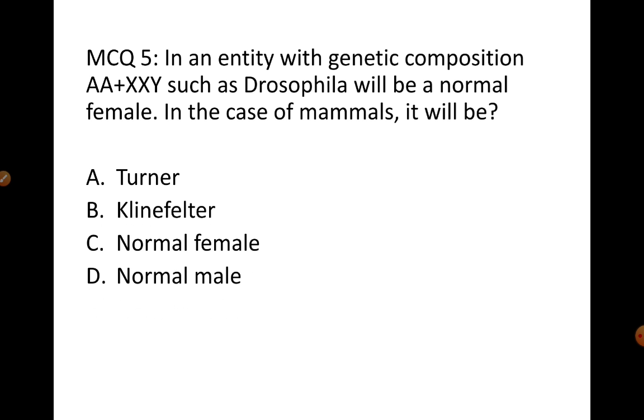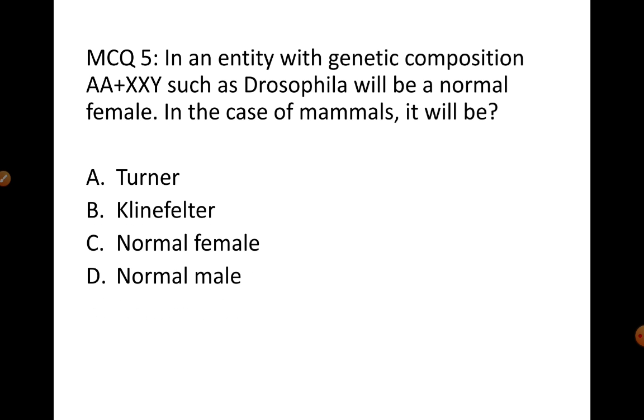And one hint here, if it were to be a normal female, as I said, it should have only 2 X chromosomes, or if it were to be a normal male, it should be X and Y. So it is neither of the two. So C and D are ruled out. Now out of A and B, which one? In case of Turner syndrome, we know that it is represented as XO.